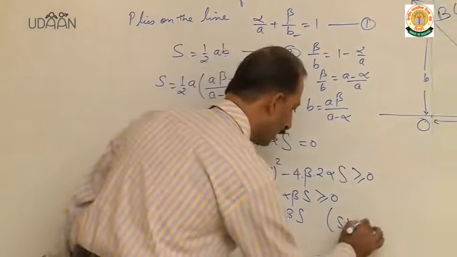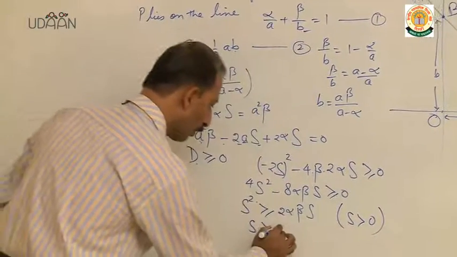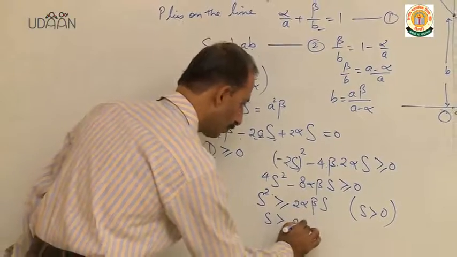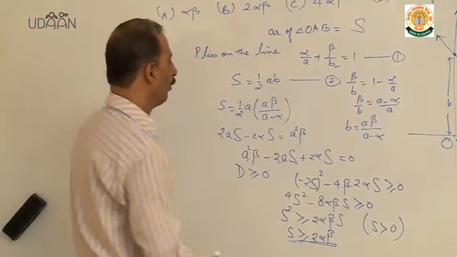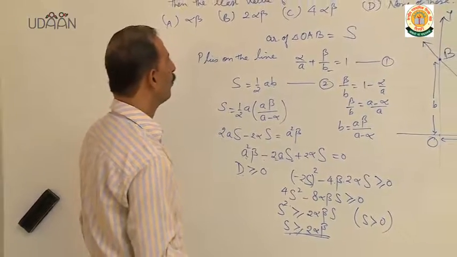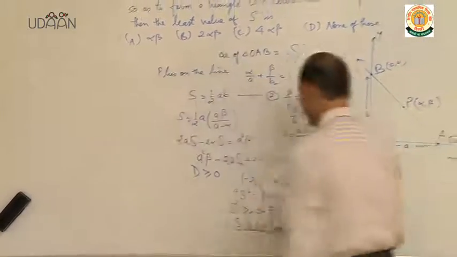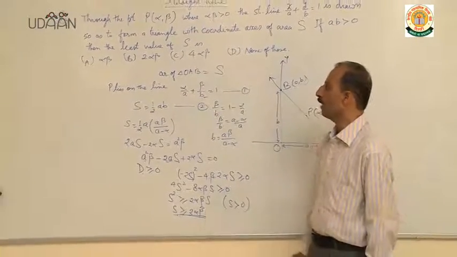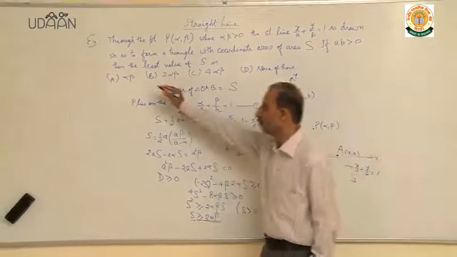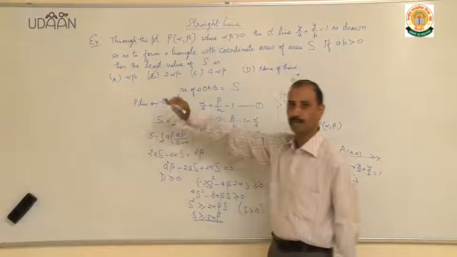That's why we can cancel it. Because S denotes the area, S is at least 2 alpha beta. Now from here, the minimum value of S is 2 alpha beta. They are asking the least value of S, that is 2 alpha beta. So which option is correct? B option is correct.